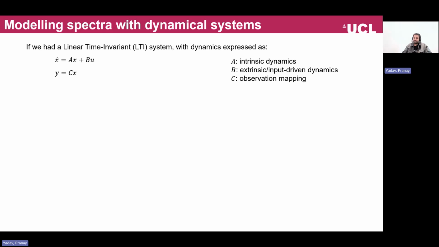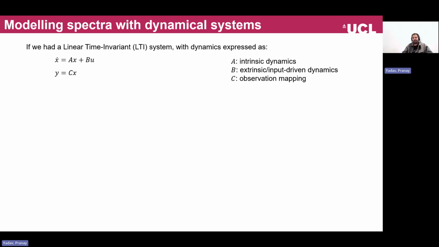A captures the intrinsic dynamics of this system, and B captures the dynamics that are due to the input drive. Y is the observation that is obtained by applying a mapping to these different X states. So X is all the hidden states in our system, and C transforms these hidden states into the observation Y.